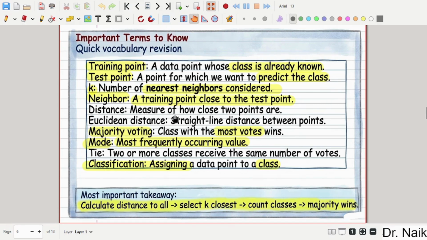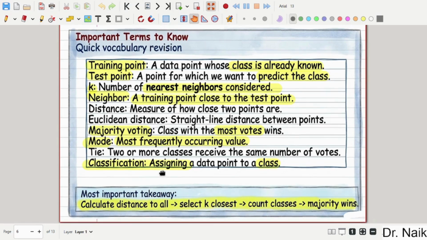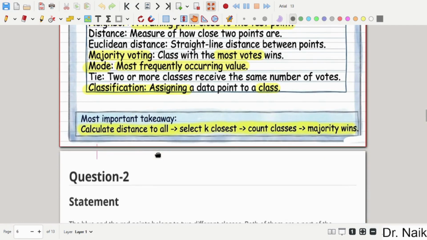Distance measures how close two points are, and Euclidean distance is straight line distance between the two points. Majority voting is the class with the most votes wins. Mode means most frequently occurring value. Tie means two or more classes receive the same number of votes, and classification is assigning a data point to a class.